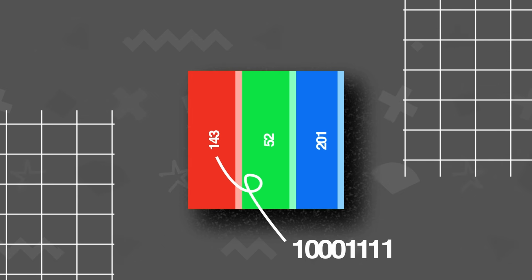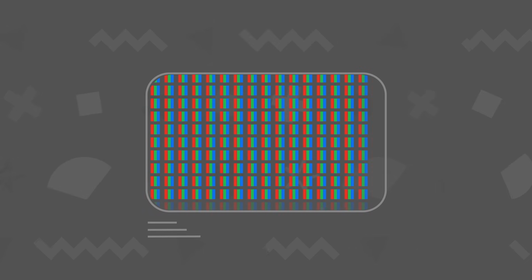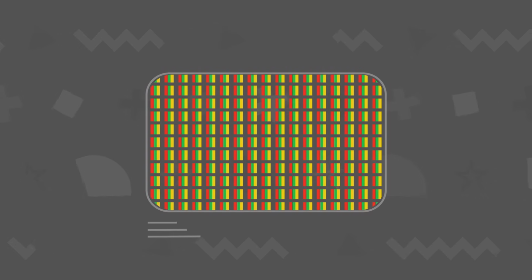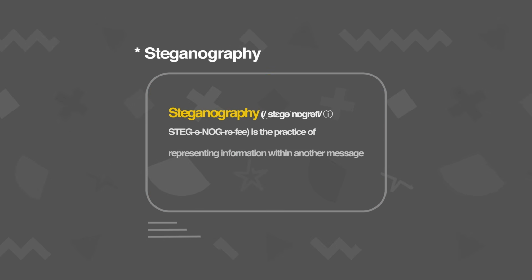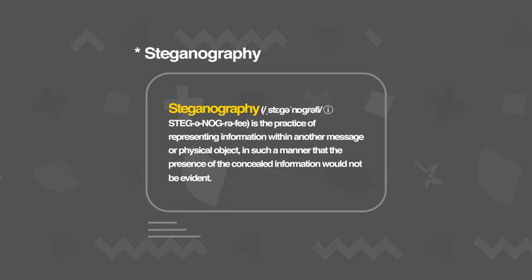We change the last bit. Visually, the color looks almost identical. But now we just stored one bit of data. If we do this across millions of pixels, we can hide huge amounts of information. This technique is called steganography, which basically means hiding information inside media.